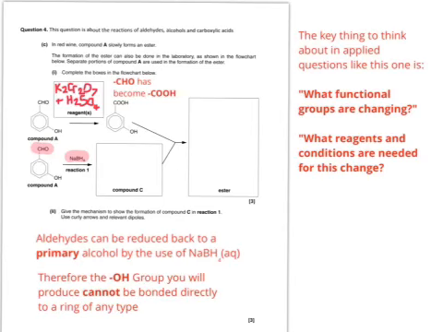So don't put the OH group on a ring of any type, aromatic or otherwise, because it has to keep the carbon that was already in the aldehyde. So therefore you end up with a CH2OH attached to your aromatic ring at position number 1. You could argue that it might be position number 3. It doesn't matter what the position is, it's where it is in the diagram that's important, and also the fact it's CH2OH.